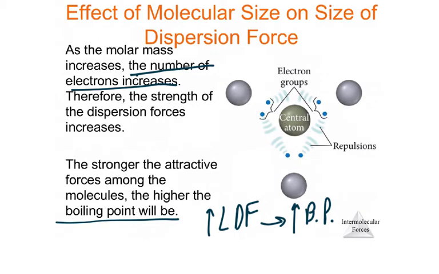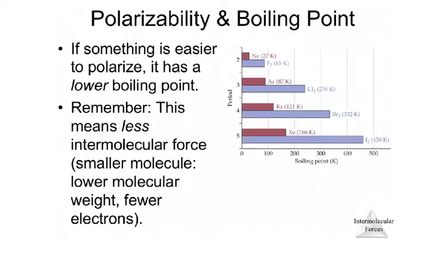What that means is that you just have to break the intermolecular forces. So if the intermolecular forces are stronger, it takes more energy to break them, so the boiling point would be higher. Substances that have greater LDFs will require more energy to cause the molecules to separate, which means that they will have higher boiling points.